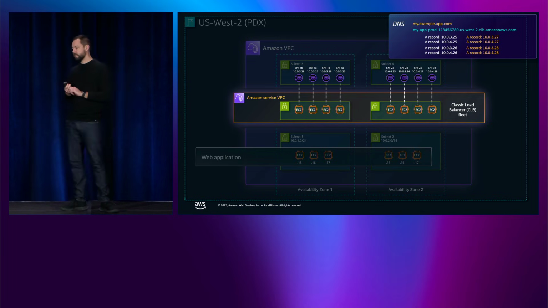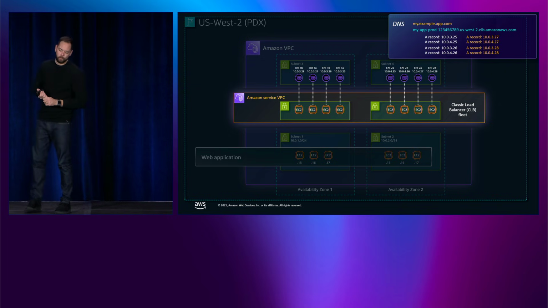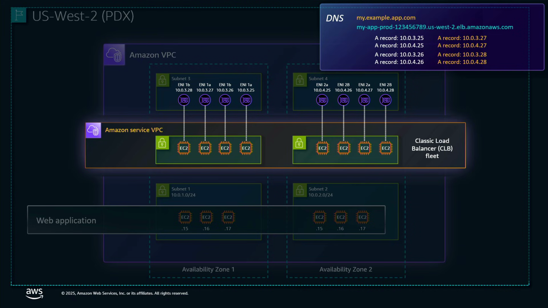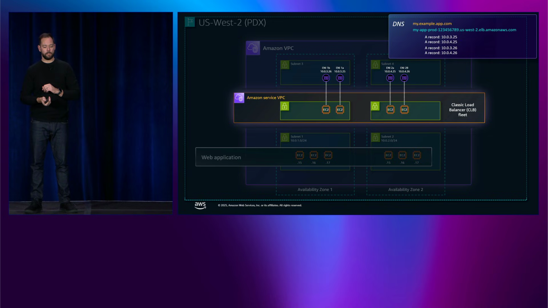Now, there were some typical architectures where you would build what's called an ELB sandwich, where you'd have a set of appliances with an ELB in the front, and you had someone like a security firewall vendor monitoring this DNS name every second to see if the CLB scaled up or down, so they could send traffic to all of the nodes. So there's some interesting stuff that would happen there with the classic load balancer.